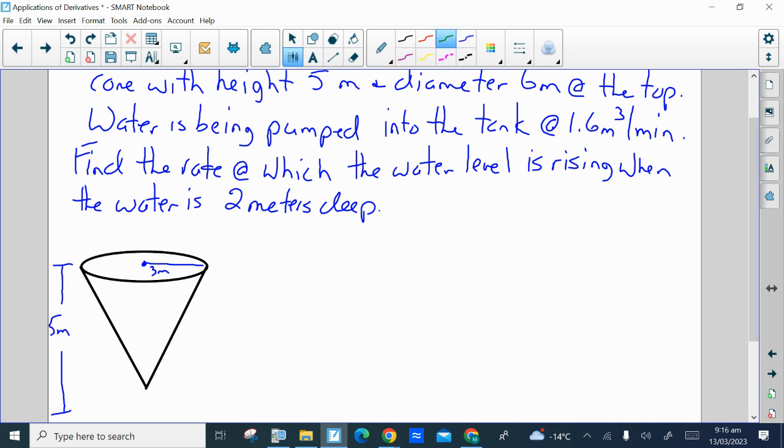So in this case here, we're given dV by dt, the rate of change of volume with respect to time, is 1.6 meters cubed per minute. We want to know the rate at which the water level is rising, so that's dH by dt is what we're trying to find, at the moment when h is 2 meters.